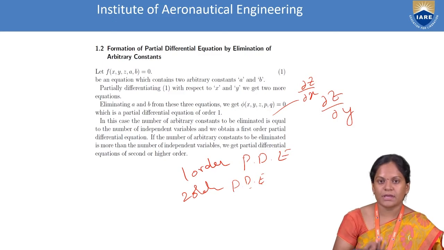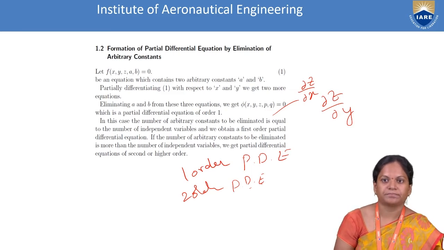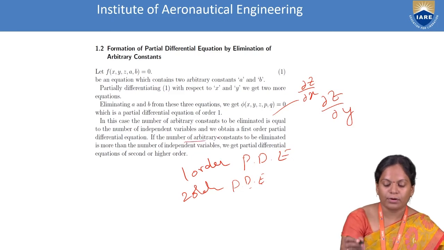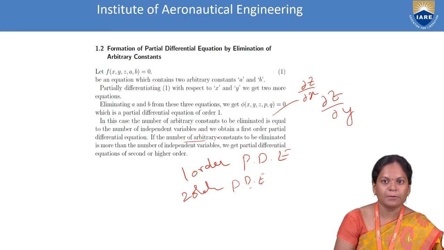If we have a, b, c, d, more than two arbitrary constants, we get a second order partial differential equation. So if the number of arbitrary constants to be eliminated is more than the number of independent variables, we get partial differential equations of second and higher order.